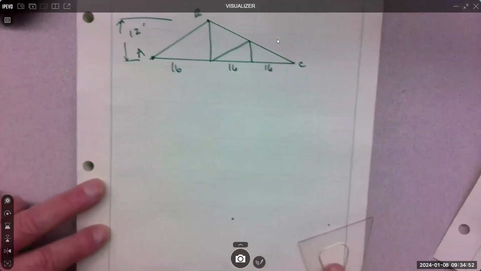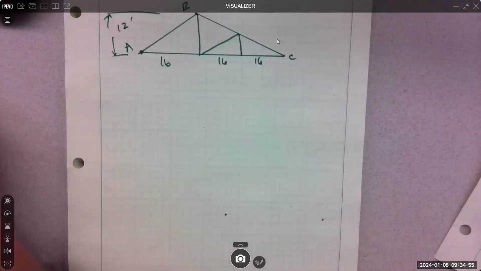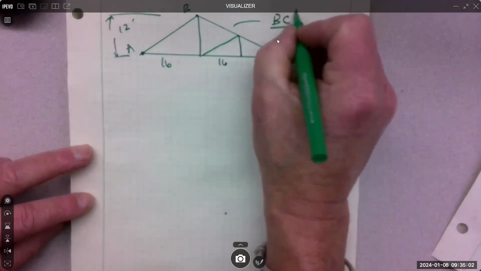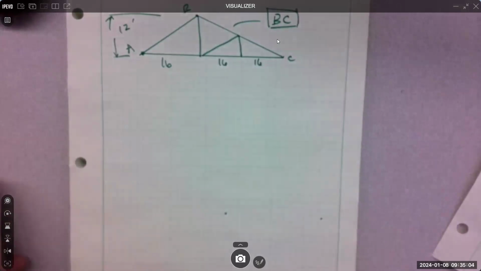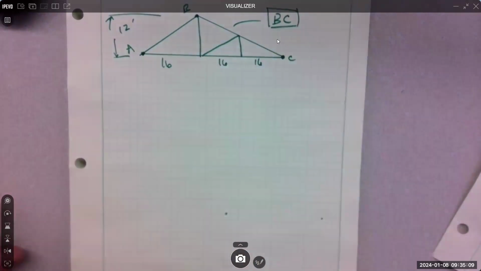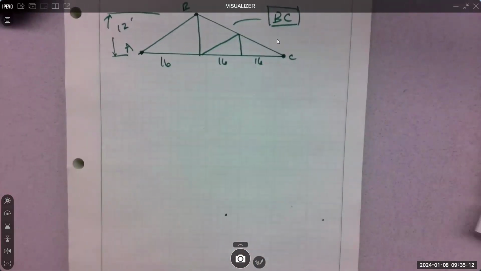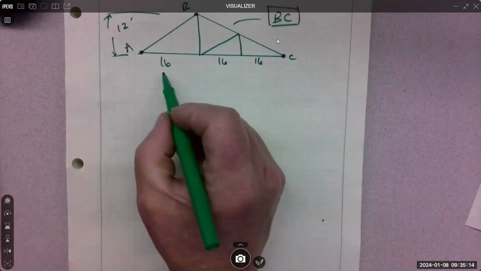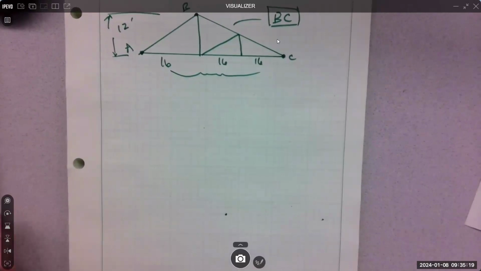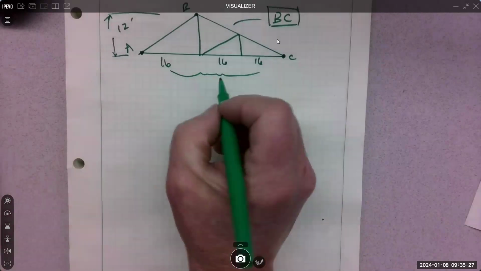So we're 12 feet tall, 16 along the base 3 times. And then we'll go for this side, BC. That'll set up a non-right triangle. You could break it into right triangles and solve it out. Let's just do it with this whole length here, 48 feet.